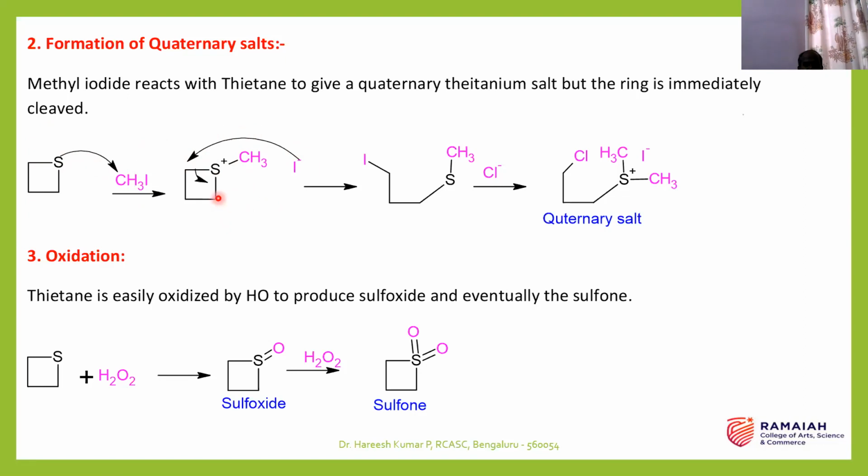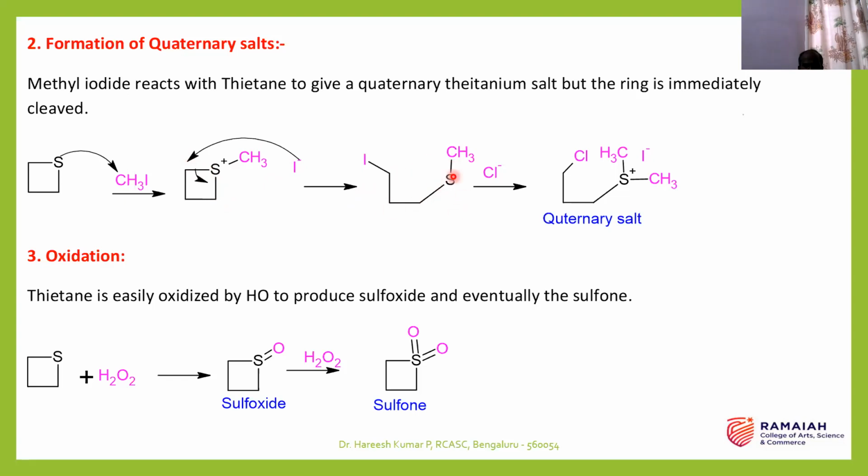If it is unsymmetrical, it's a different case. Here, both carbons are symmetrical. So there will be a cleavage here, and a bond formation to this carbon. Iodide attacks, forming a compound like this.